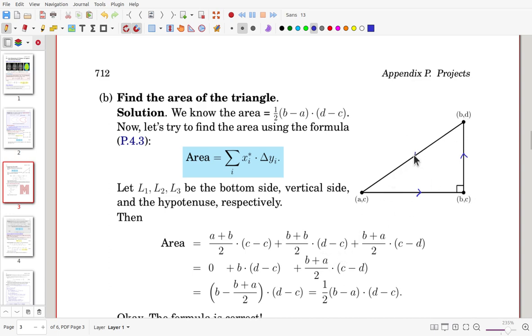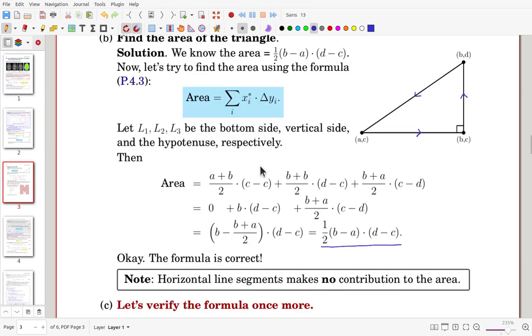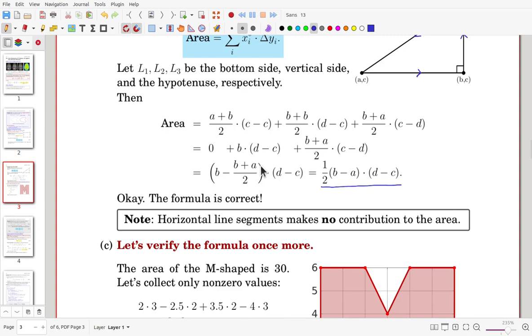For the last one, the mid value of x is a plus b over 2, and y changes from d to c, so c minus d. If we simplify these quantities, then we reach the same result. So at least for this example, the formula is correct. Okay, let's try one more.